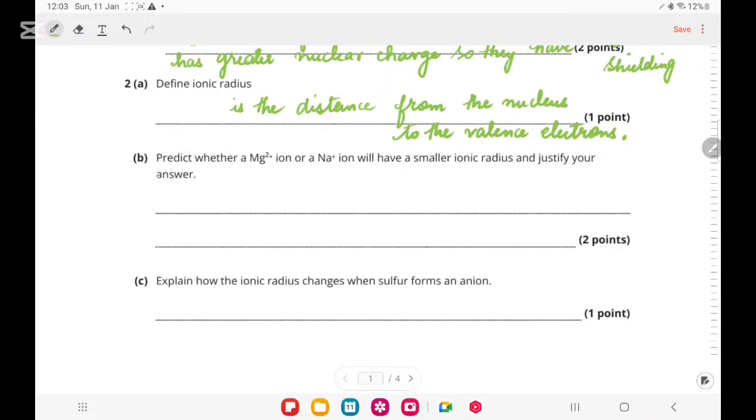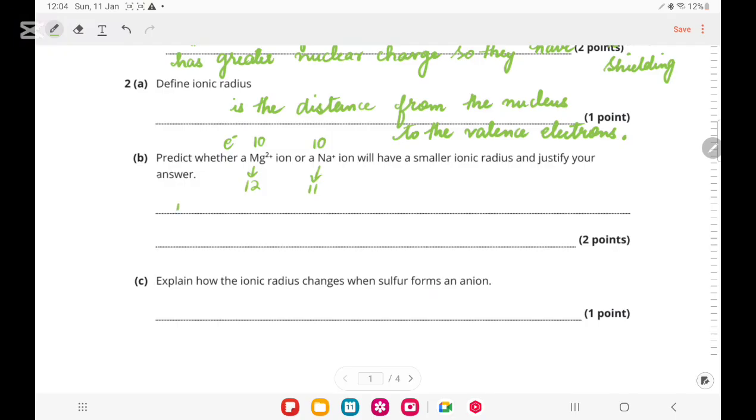Then they say predict whether the magnesium ion or the sodium ion will have the smaller ionic radius. The magnesium ion has proton number 12 and sodium has proton number 11, and they both have the same number of electrons, because Mg2+ has 10 electrons and Na+ also has 10 electrons. Which has the smaller ionic radius?